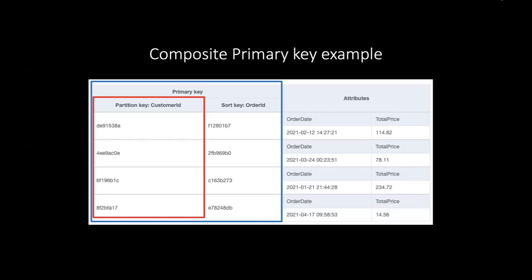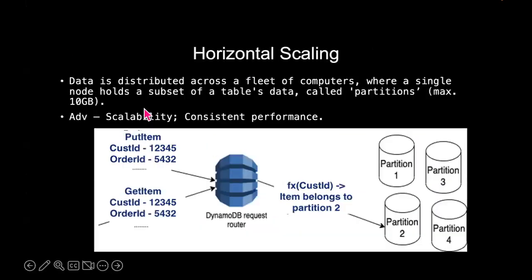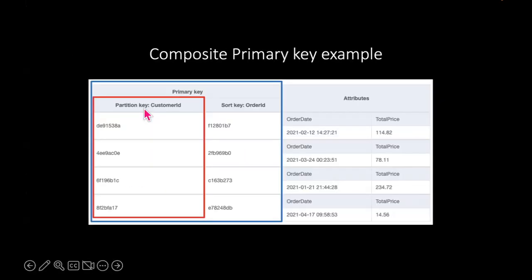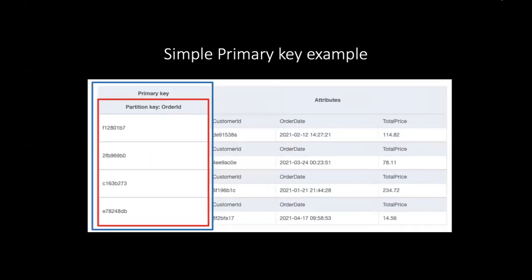Whereas if I used this as my design for my table, I cannot actually query the database along those lines. I'd effectively have to read the entire contents of the database into my client side, Lambda in my case, and filter through all of the records, picking out the ones that are related to customer 1234.